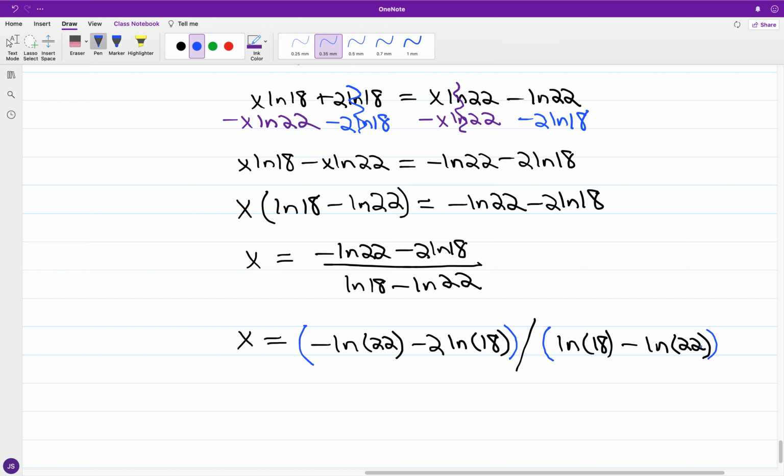So as you enter this as one segment, you've got the numerator in parentheses, then division, and the denominator in parentheses. And for x, to about the nearest 4 decimal places, you have 44.2107.